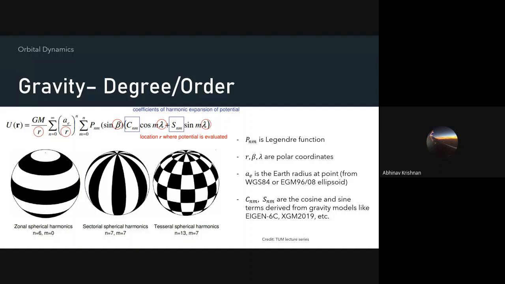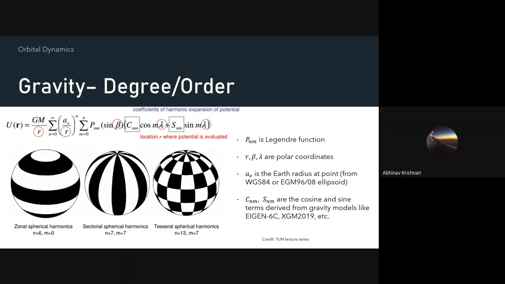These gravitational models use that flattening of the pole and bulging of the equator as the reference, and on top of that, they emboss the impact of each geophysical feature, like the mountains, the valleys, the oceans, and so on.